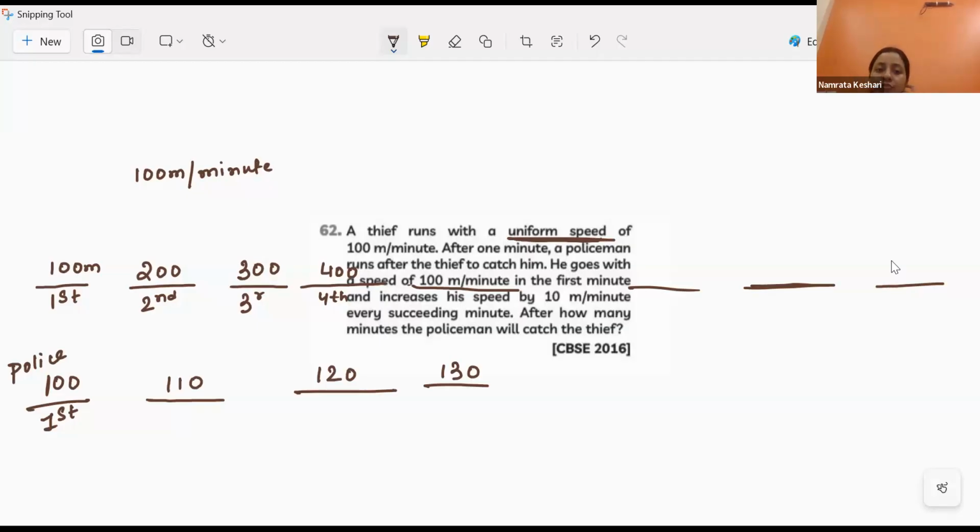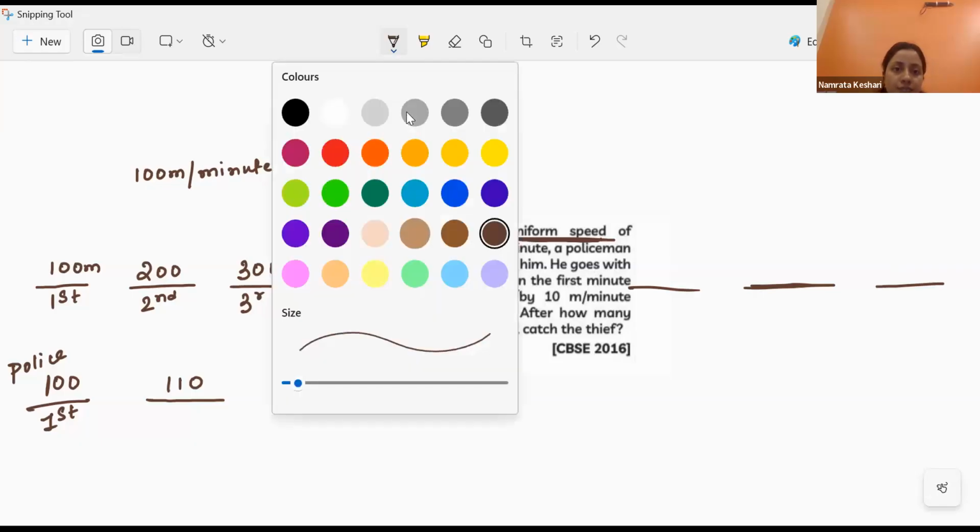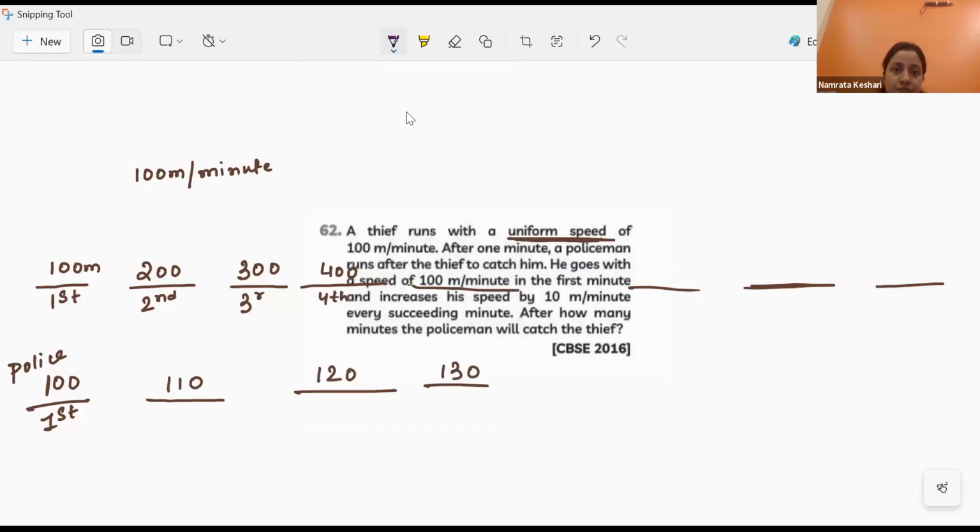If you see carefully what we have written, the distances create an AP. Can you see that? In the first case we have one AP, and in the second case we have another AP. We are trying to find a certain place where both the distances will be the same, an nth term where the two will collide.